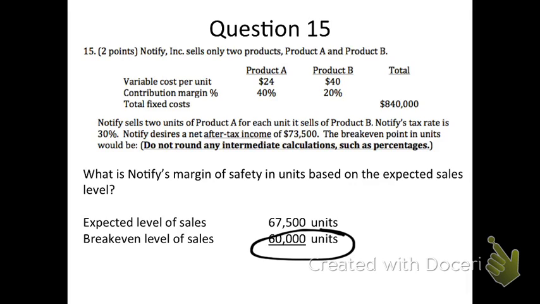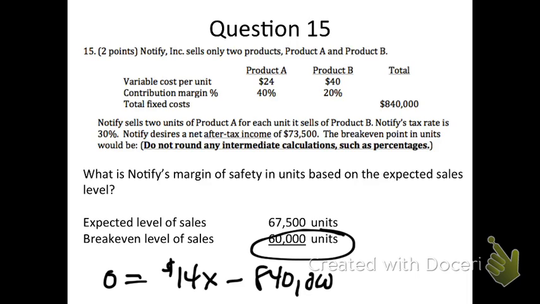Our weighted average contribution margin per unit was, I believe, 14. Let me make sure. So our weighted average contribution margin per unit was 14, so 14x minus 840,000. And your x right here turns out to be the 60,000.